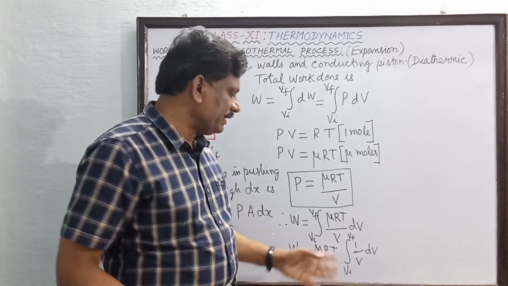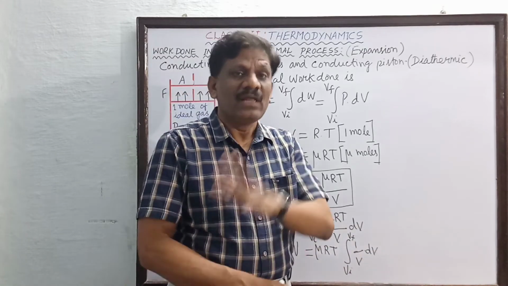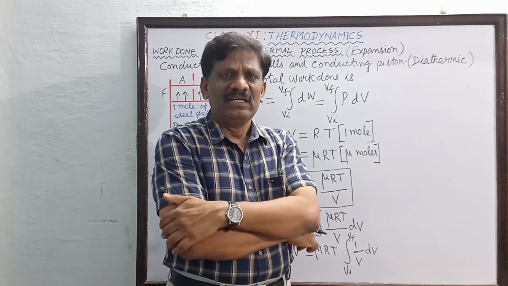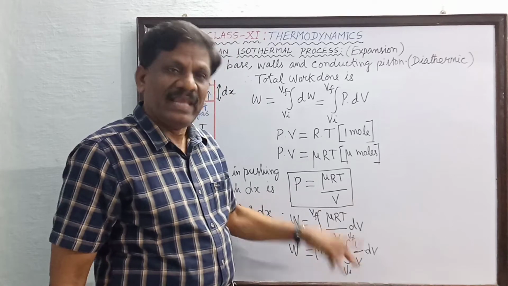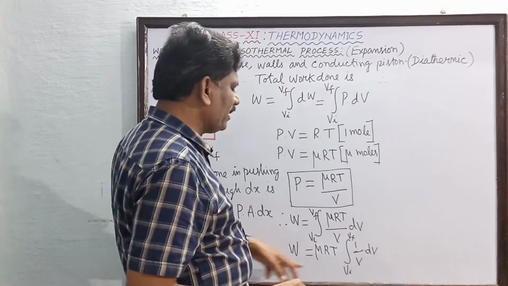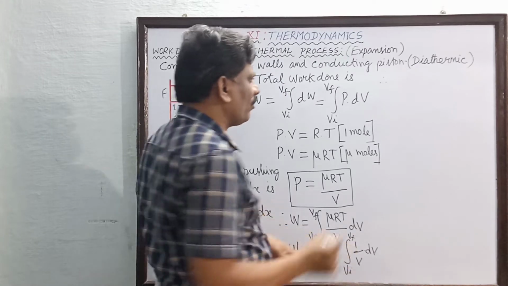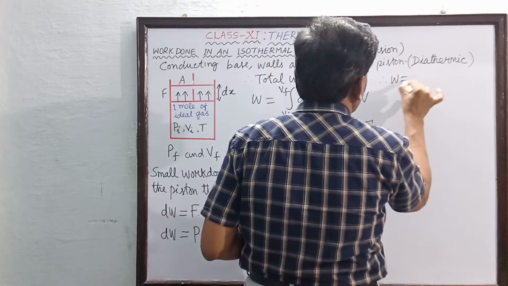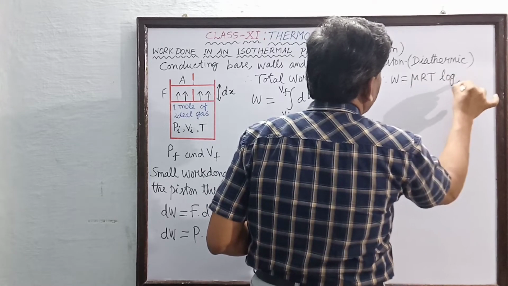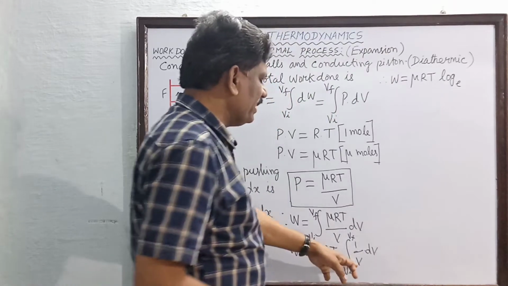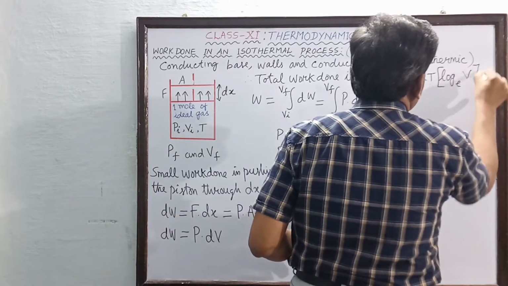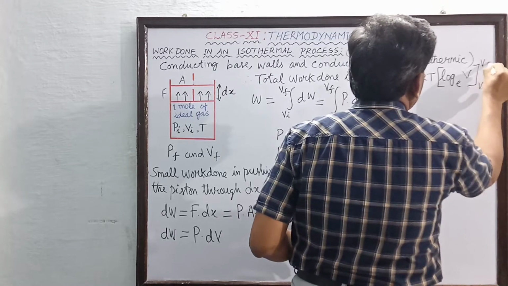We very well know that the integral of 1 by V dV is the logarithm of V. Here I am going to take the natural log. So W = mu RT times log base e of V, between the limits V initial to V final.